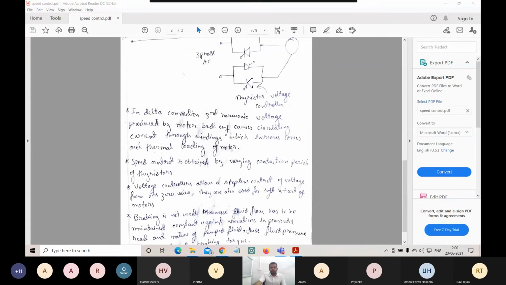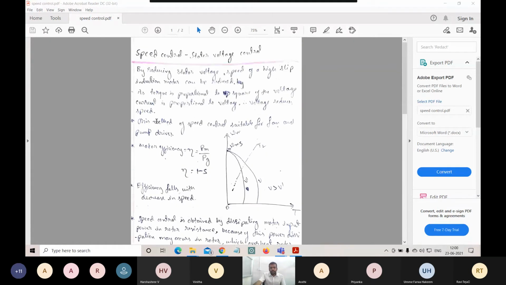So what we are studying is the speed control of a single phase induction motor by using stator voltage control. So how are we controlling the stator voltage? We have two relationships. One relationship is with respect to torque, and one more is with respect to current.